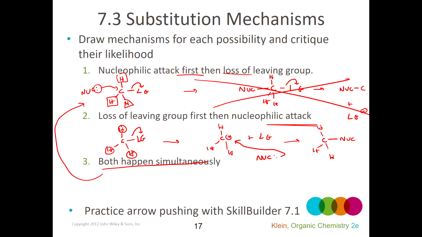If those groups are too big, if they're all carbon groups, it's too crowded and the nucleophile can't come in.